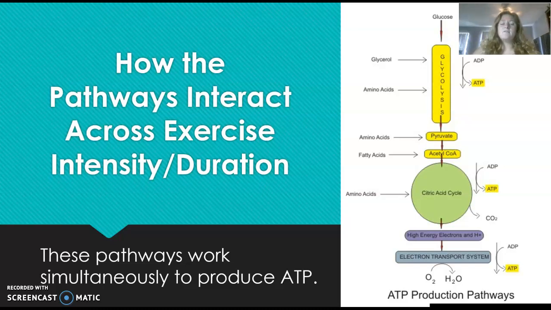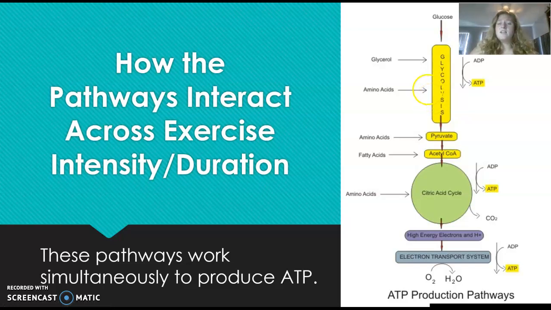Well, it turns out these pathways actually work simultaneously, like my diagram previously showed. So here's another diagram of the process. During the ATP process, when glycolysis is occurring, right here, there are 2 types of fat that are triglycerides.